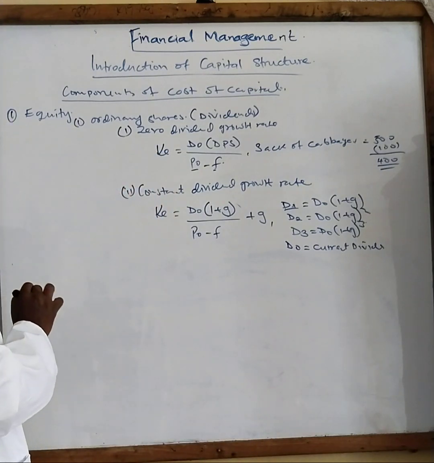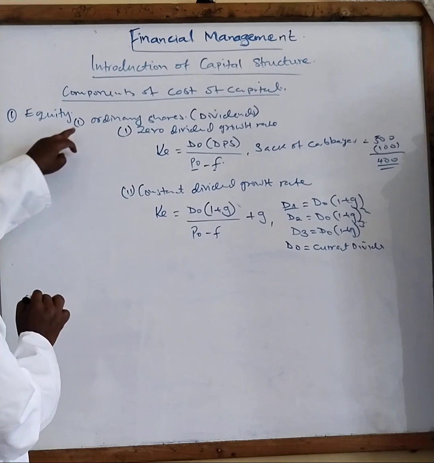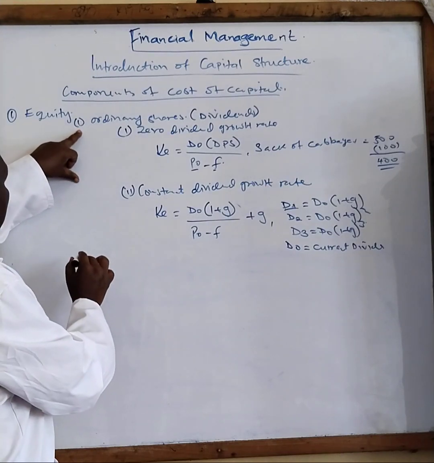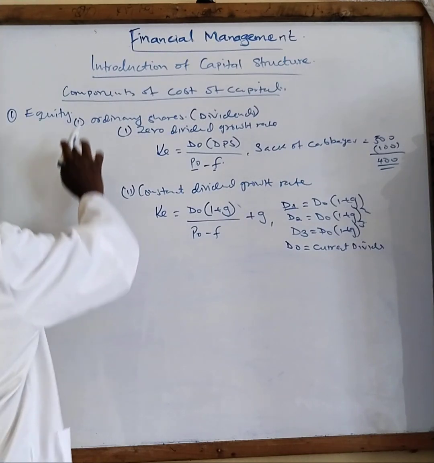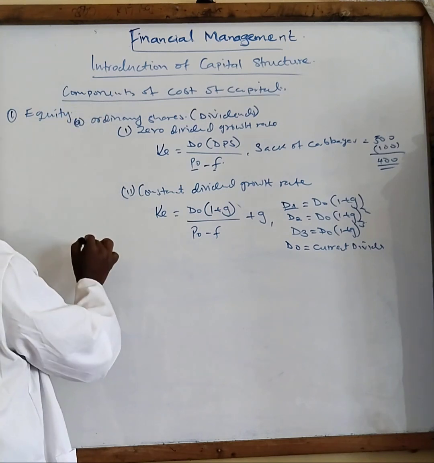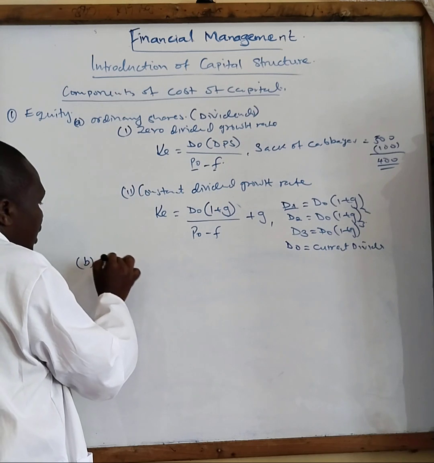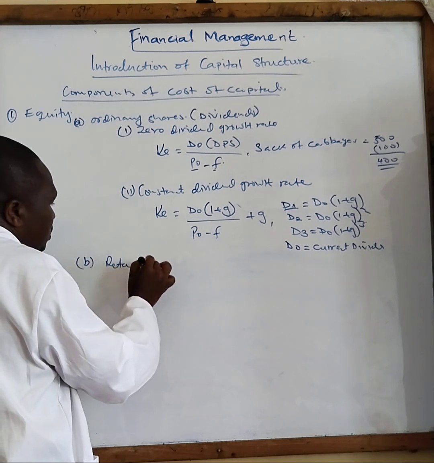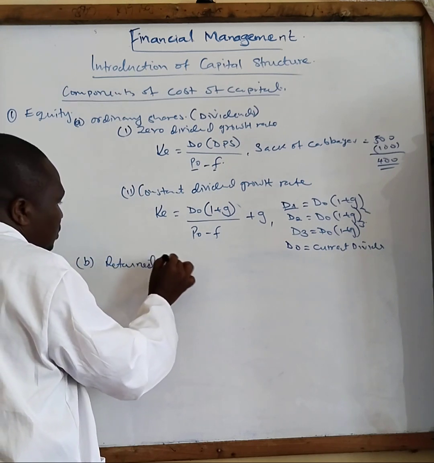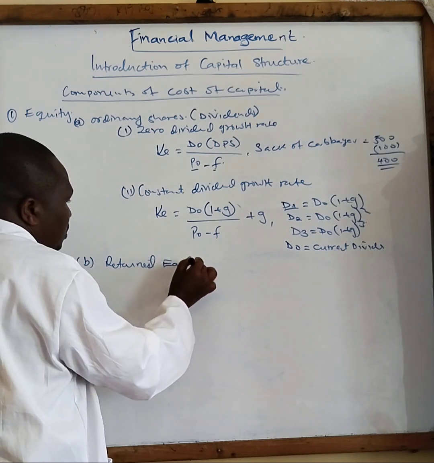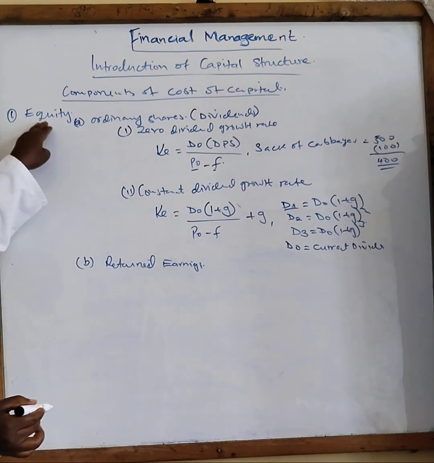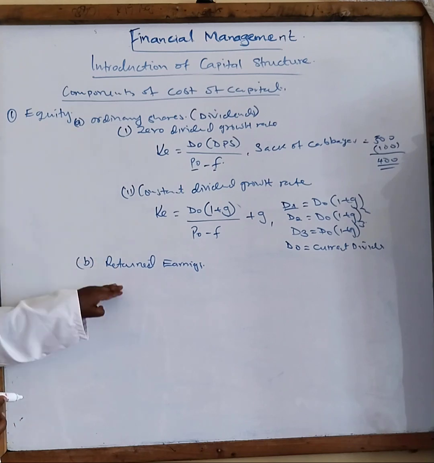The second element under equity, under ordinary shares, let me label this one as A. B is what they call retained earnings. So under equity, we have ordinary shares and retained earnings.